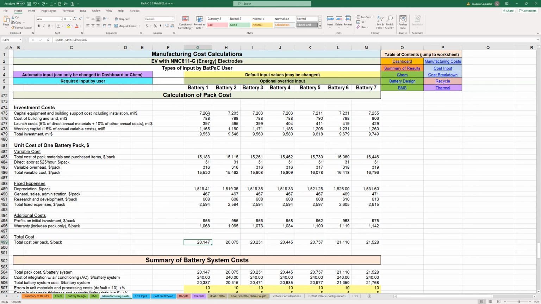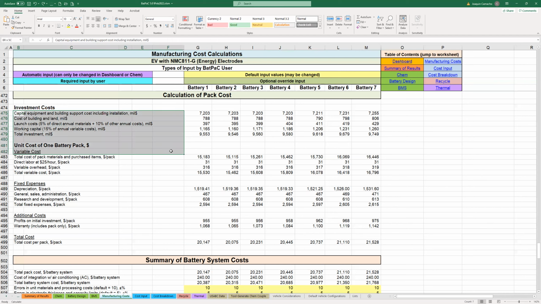Well, that's right here. Our manufacturing cost for the first year of production, our total investment, including the building, the equipment, the launch costs, working capital, beautiful.